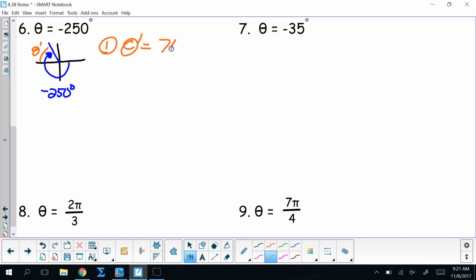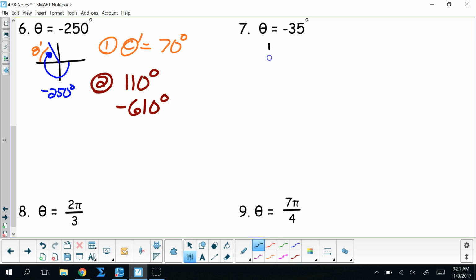So that's a reference angle of 70 degrees. Agree with that? Okay. Adding 360 degrees to that gets me 110 degrees. Subtracting 360 degrees from that gets me negative 610 degrees. Do we agree with that? Okay.